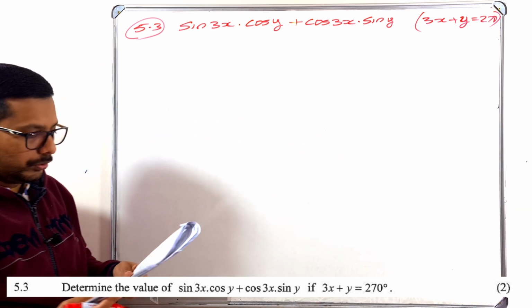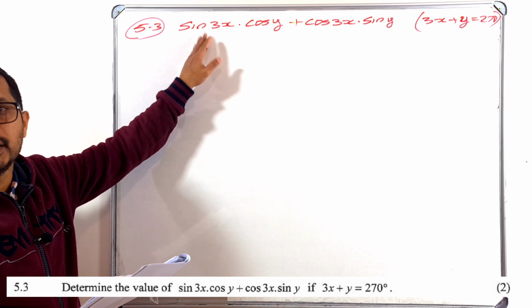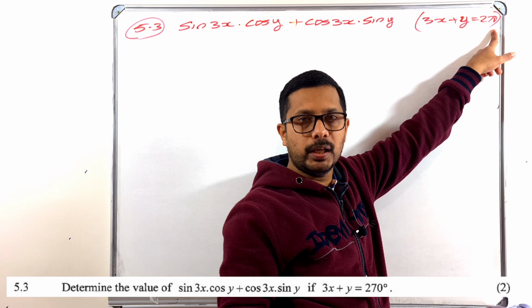So you have to find the value of this expression, and it is given that 3x plus y is 270.